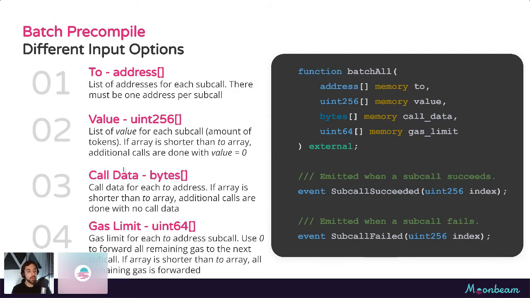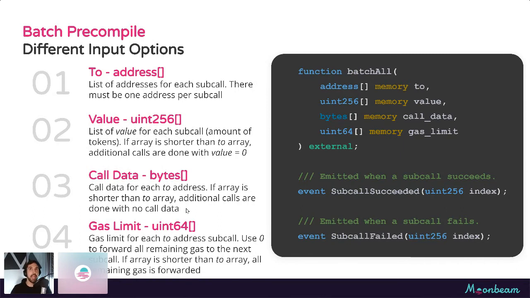The third element is call data. This is really important because, once again, this is the call data for each to address, or each to interaction, that we're doing. This is necessary if you're interacting with smart contracts. If you're sending native tokens, you don't need to provide any call data. And as before with the value element, if the array is shorter than the to array, then additional calls are done with no call data, right?